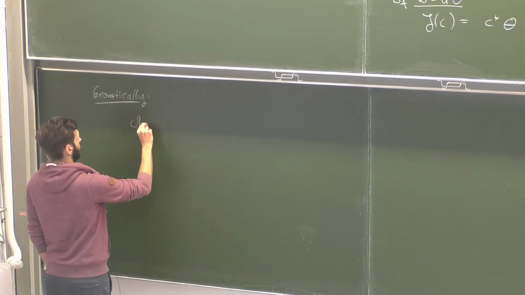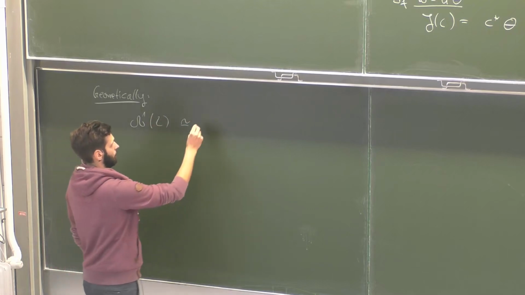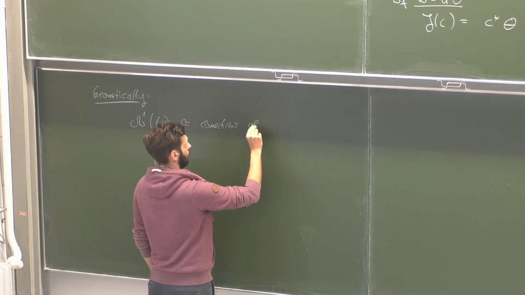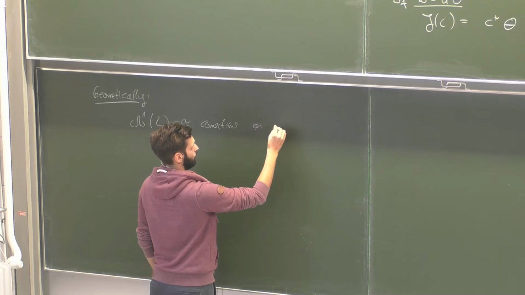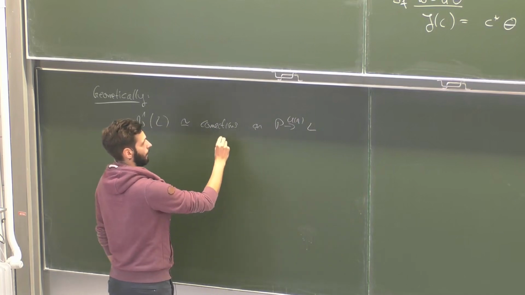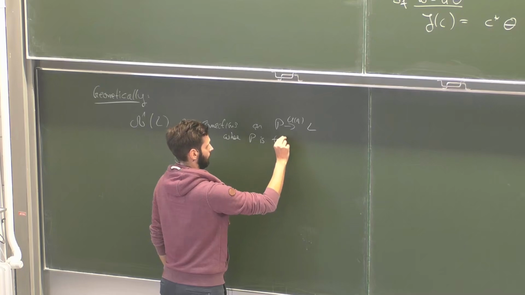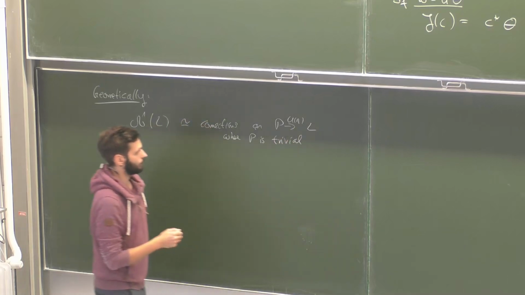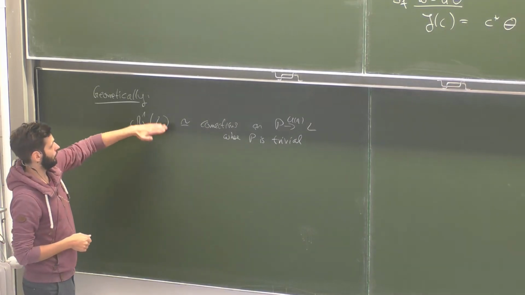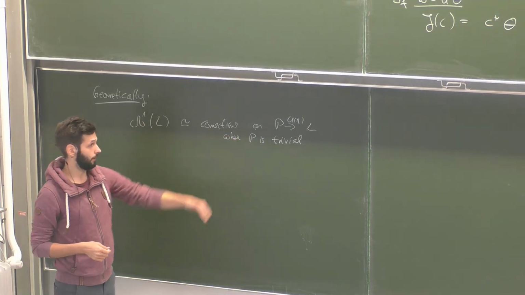So we can think of the 1-forms on L as connections on a line bundle, or on a principal U(1) bundle if you want, over L, where P is trivial. It's a trivial line bundle, and then you learn the first moment is that the 1-forms can be identified with the connections on the trivial bundle.